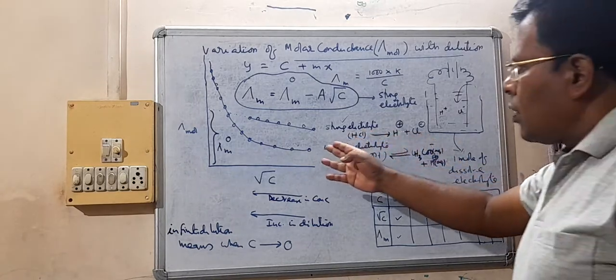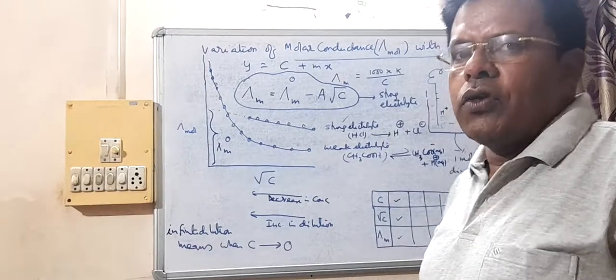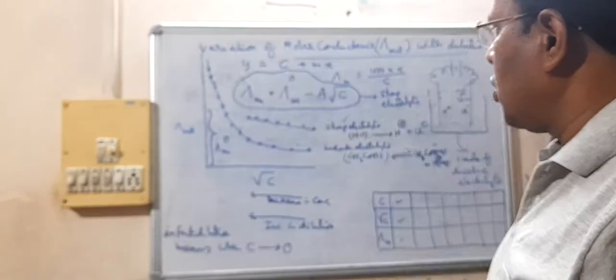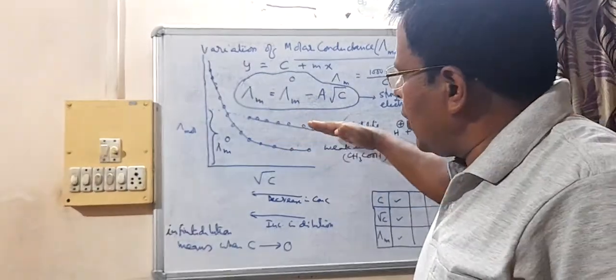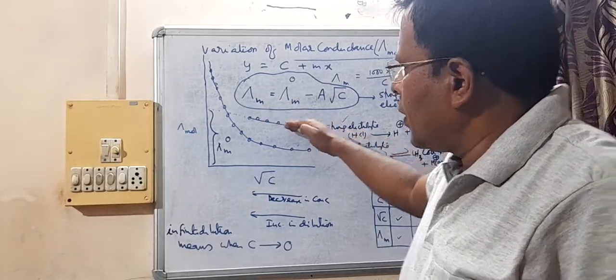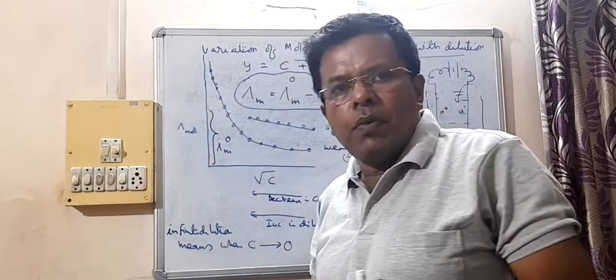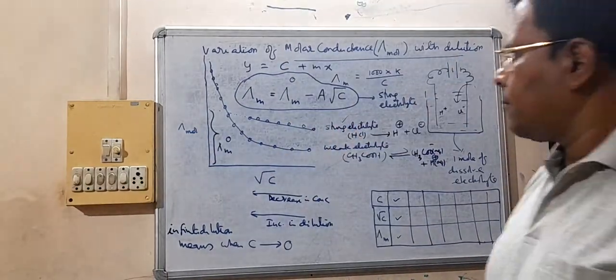So, suppose you are asked, how will you determine molar conductance at infinite dilution for strong electrolyte? The answer will be, we just extrapolate this line, the line will meet the y-axis, and the intercept value will be the molar conductance at infinite dilution.